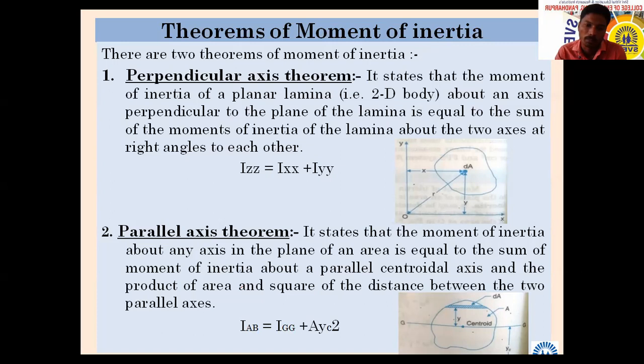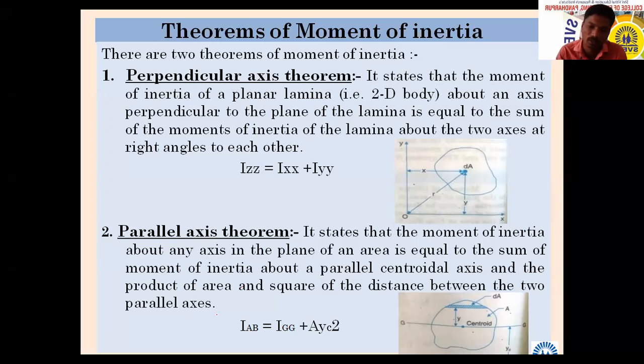Then the parallel axis theorem. Once we want to calculate the moment about any point, we have to first find the moment of inertia with respect to the centroidal axis. Then we have to add to that the area into distance square.